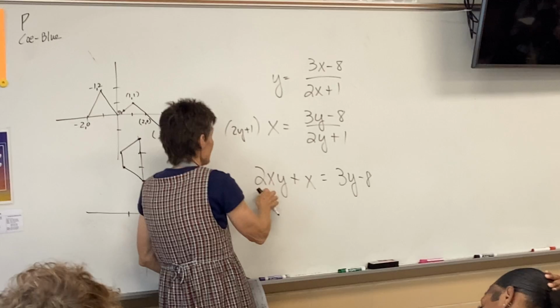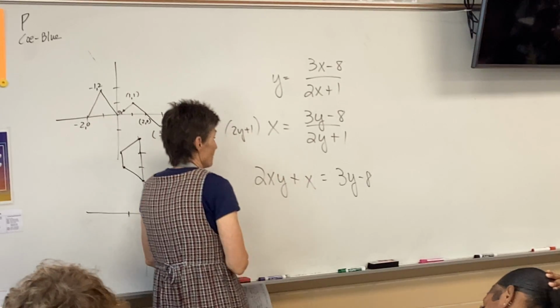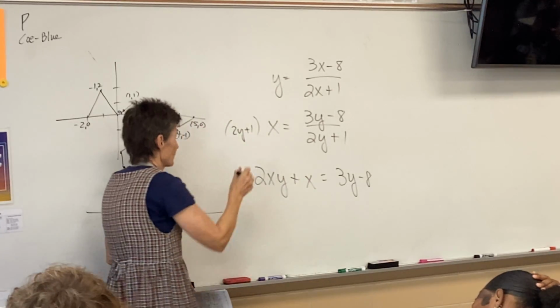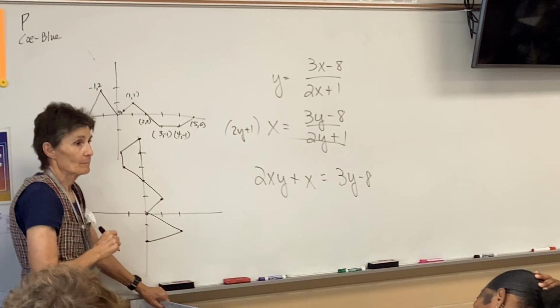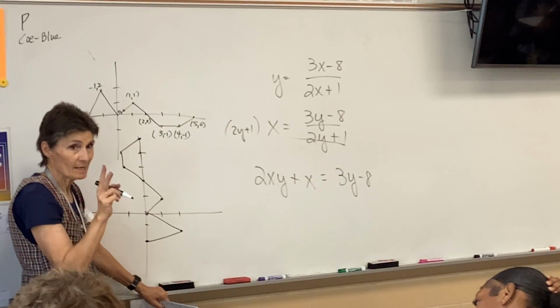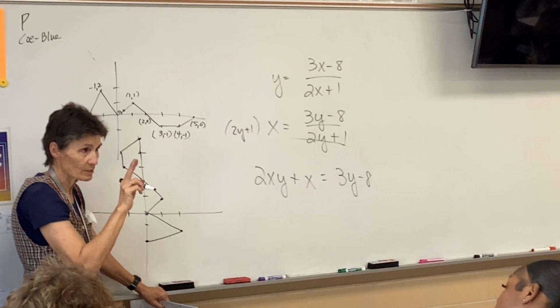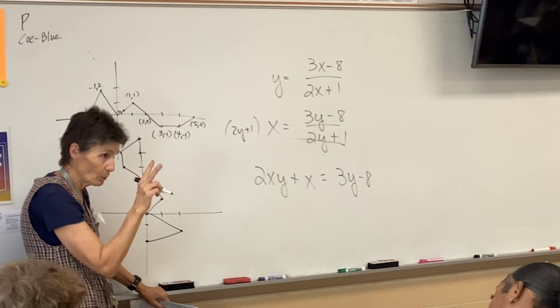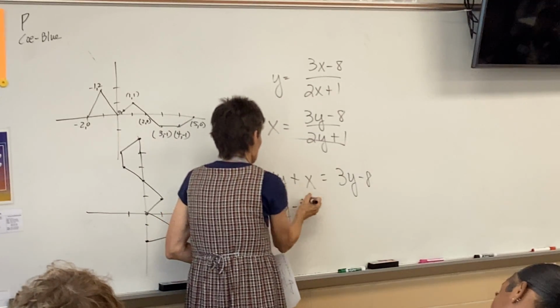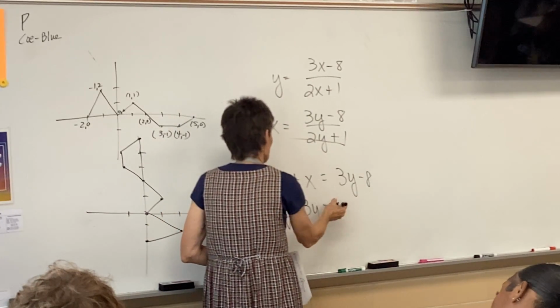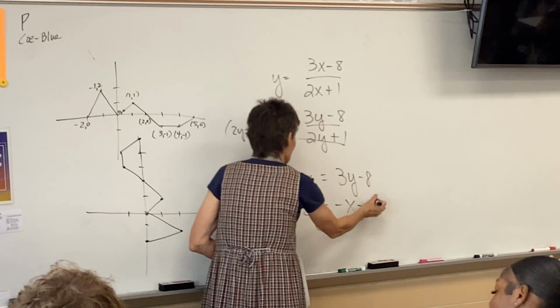So 2y times x and 1 times x. This comes over here. Then you gotta take those middle two and switch them, so -3y minus x.